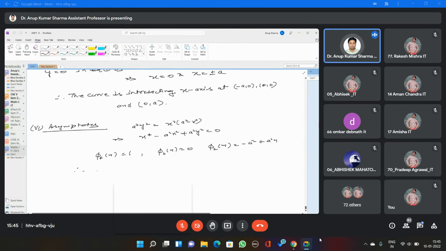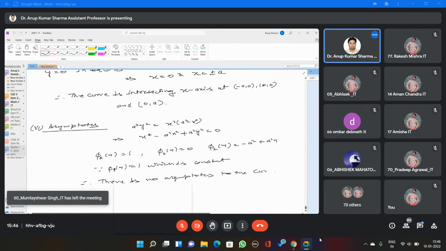You can write here: since phi 4 of m is 1, which is constant, therefore there is no asymptote to the curve.